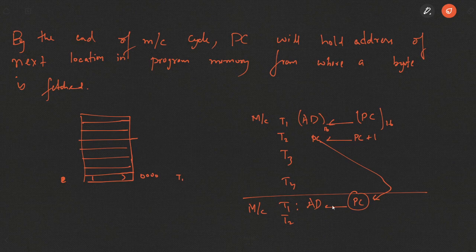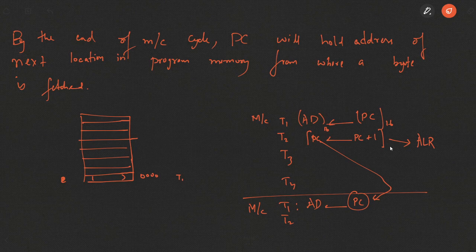The increment that we are talking about here, in the T2 state the program counter is incremented by 1. This is done by the increment/decrement ALR, which we have already discussed as one of the registers of the 8085. It is an inaccessible register.